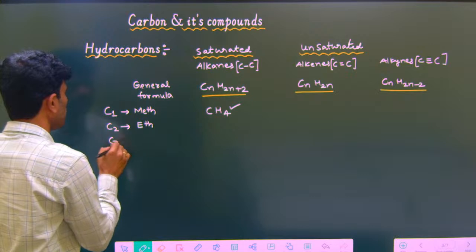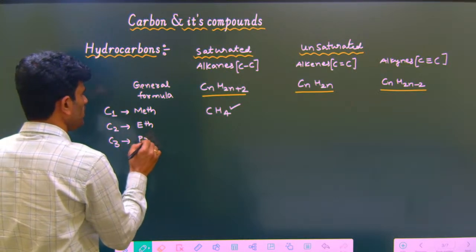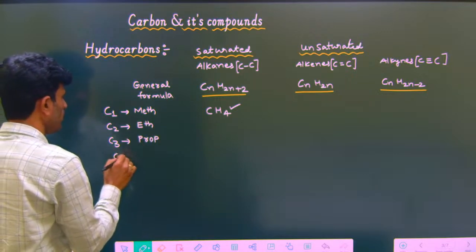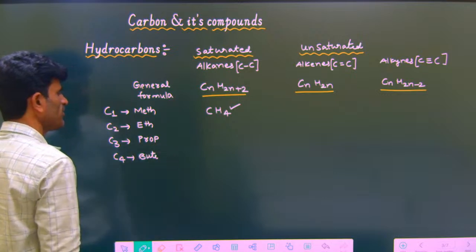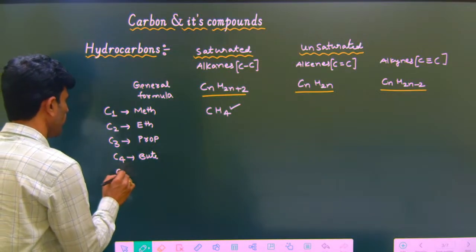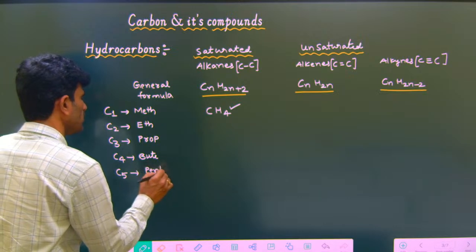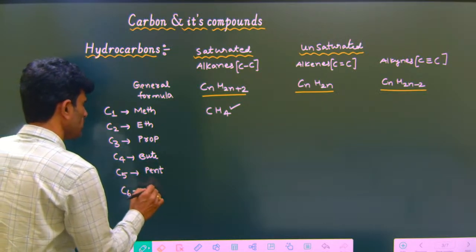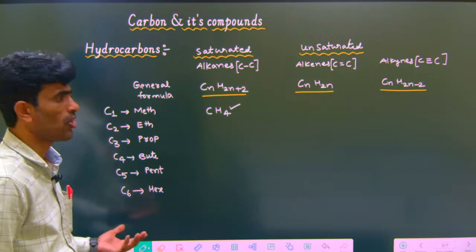If there are three carbons, the root will be prop. If there are 4 carbons, the name will start with but. If there are 5 carbons, its name will start with pent. Hope everybody knows it. 6 carbons hex, 7 carbons hept, 8 carbons oct, like that.